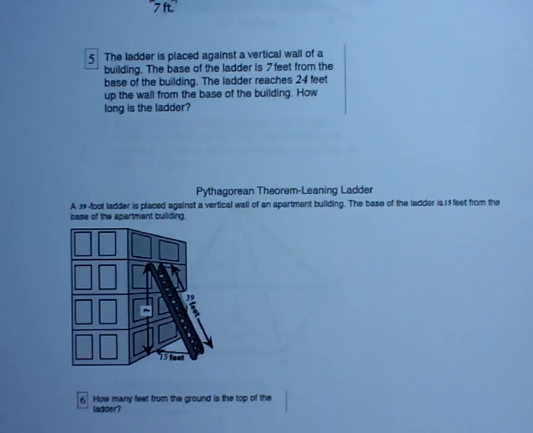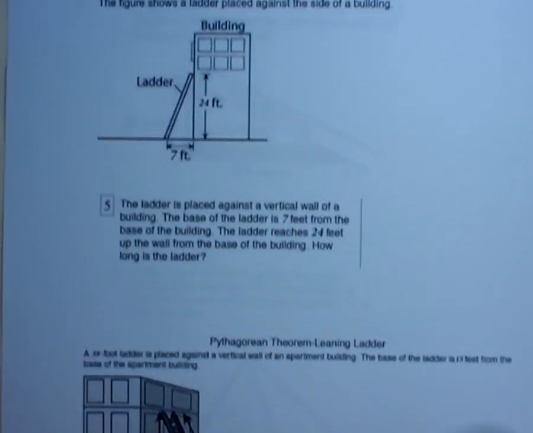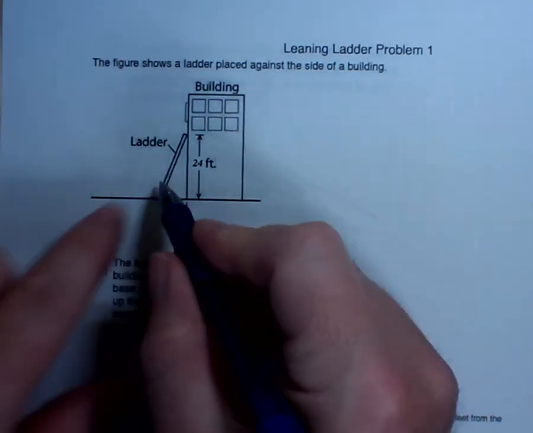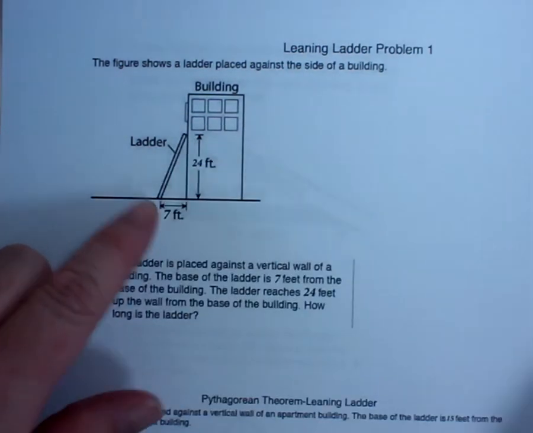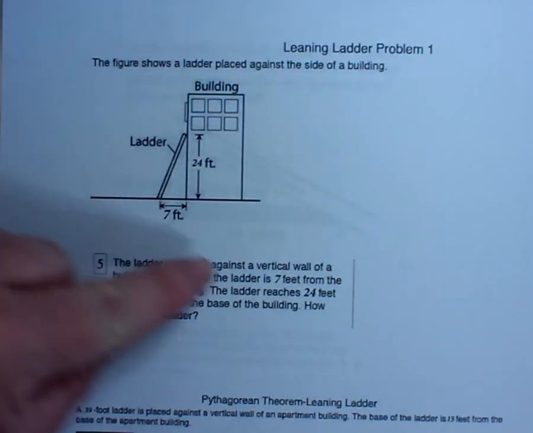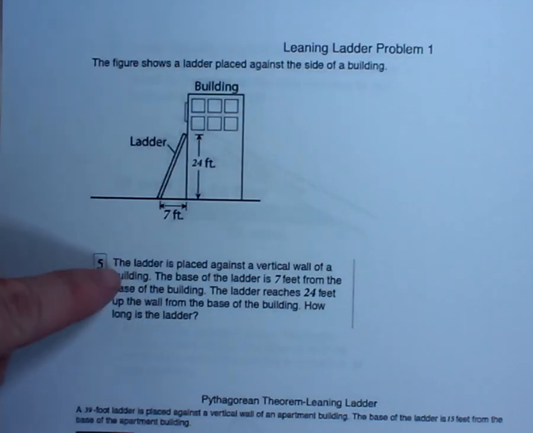Problem 5. Leaning ladder, problem 1. This figure shows a ladder leaning up against a building. The ladder is placed against a vertical wall of the building. The base of the ladder here is 7 feet from the base of the building.